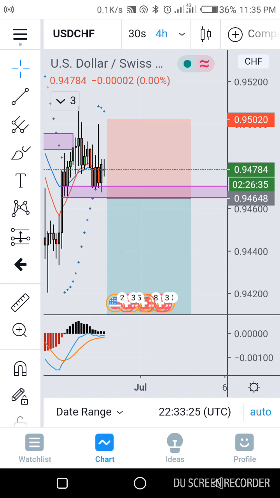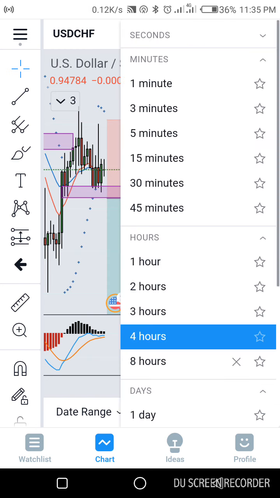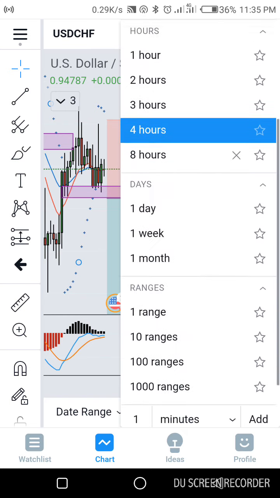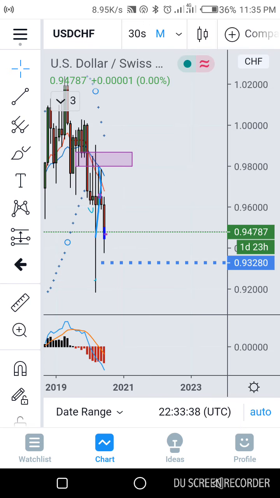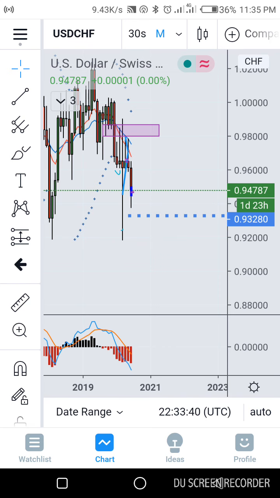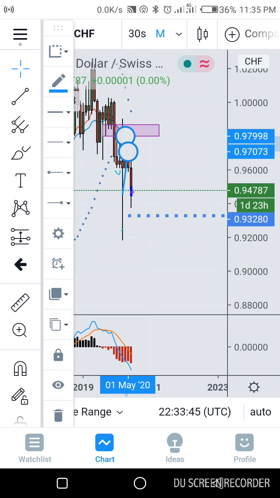So we're going to quickly move. This is where you can change the time frame. We're going to quickly move to our weekly time frame. Okay, let's go to the monthly first and see what's happening in the monthly. On the monthly, there was an aggressive rejection of this region, and that's why I have this rectangle here.